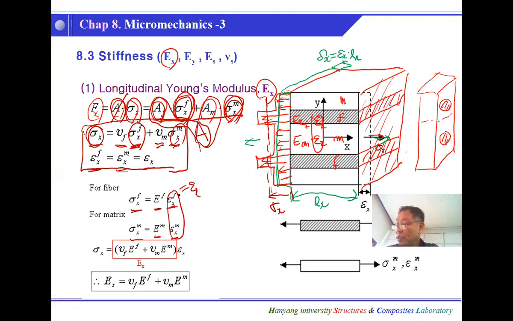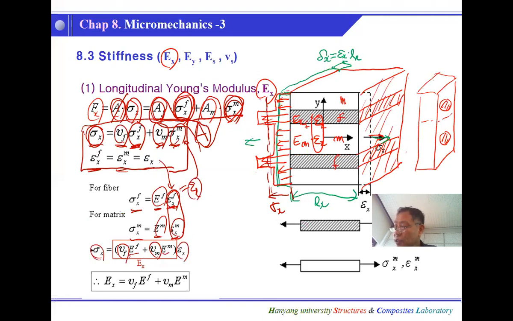So we put this into here, and sigma X will be, you can see the fiber volume fraction and matrix volume fraction, and then EF, EM, and that is the same as EX, the ply stiffness.